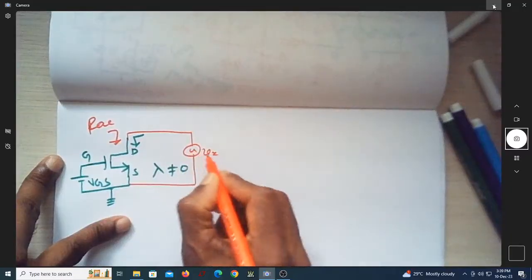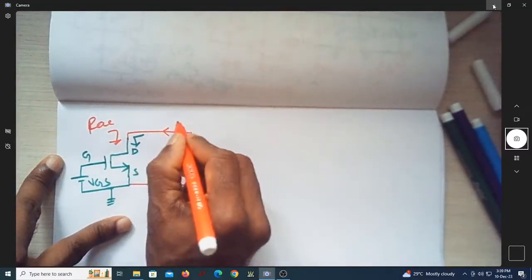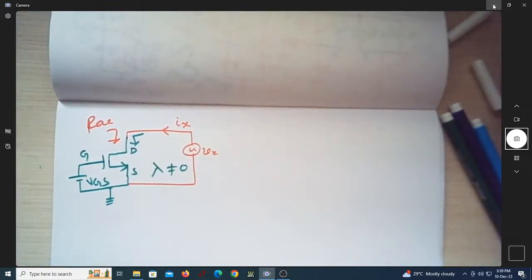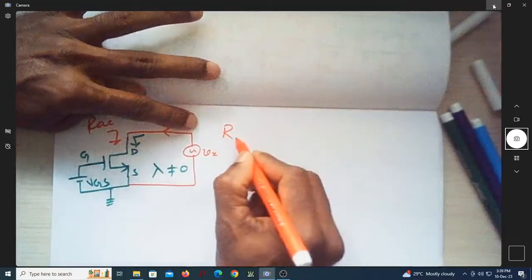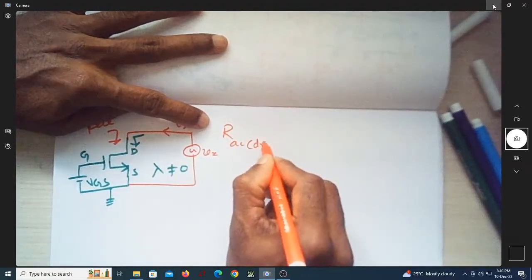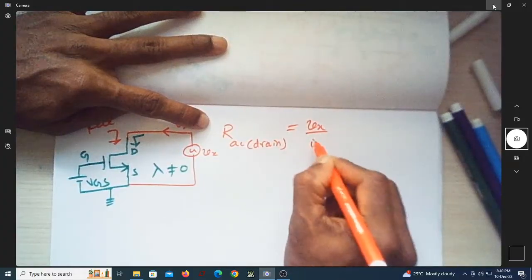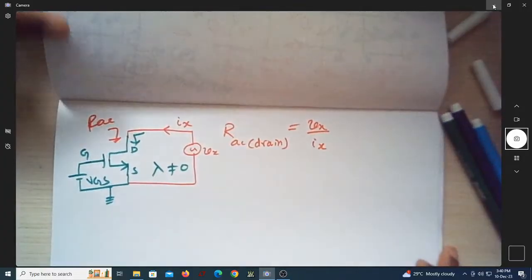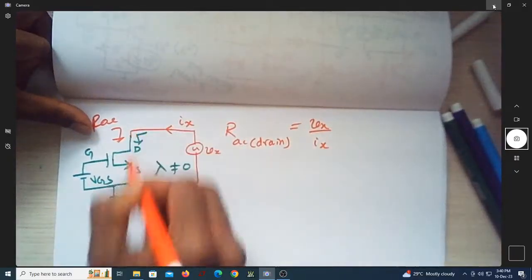For that, I'm having an AC voltage Vx. I will measure the current Ix. So what is this resistance R, which is an AC resistance looking into the drain? It is nothing but Vx by Ix. It's not possible to have a multimeter and measure the resistance looking into the drain.